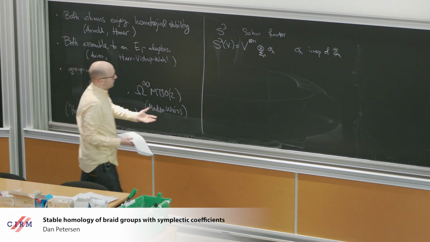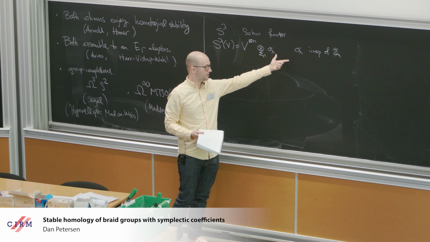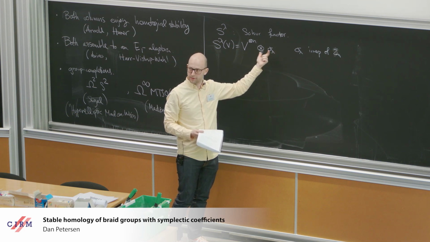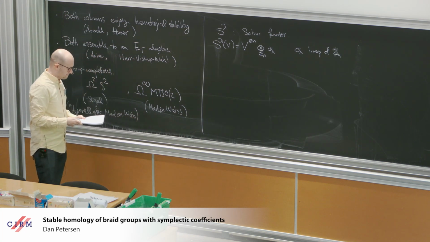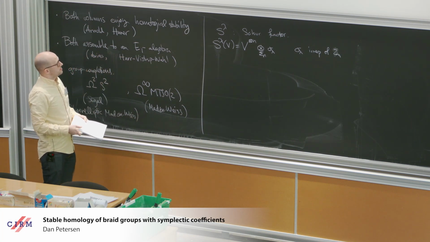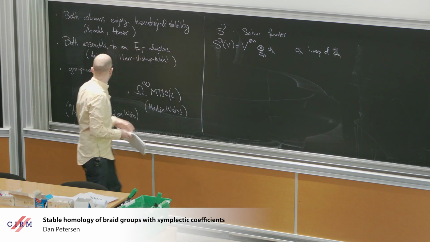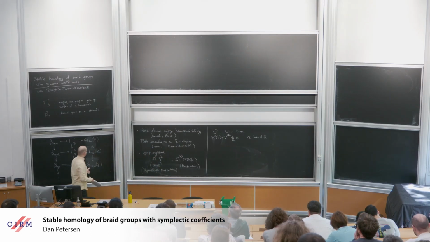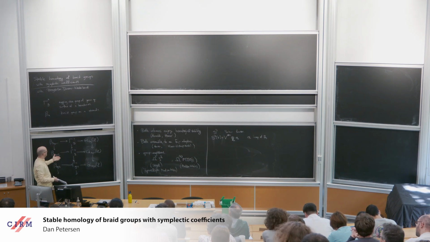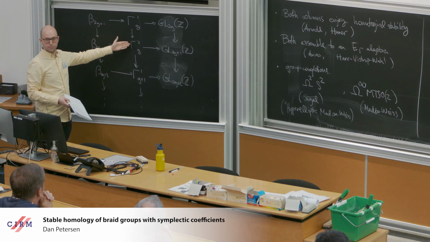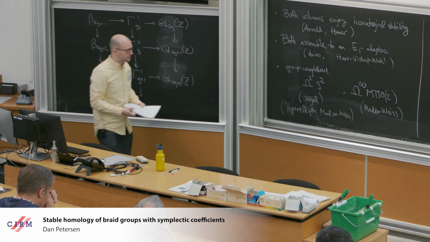And remember that irreducible representations of the symmetric group in characteristic 0 are indexed by partitions. For each Schur functor S lambda, I get a consistent sequence of representations of all of the general linear groups, and I can ask what is the cohomology of the mapping class groups or the braid groups with those coefficients.